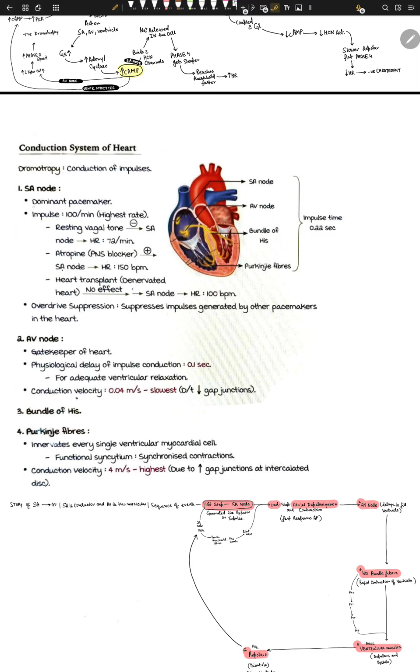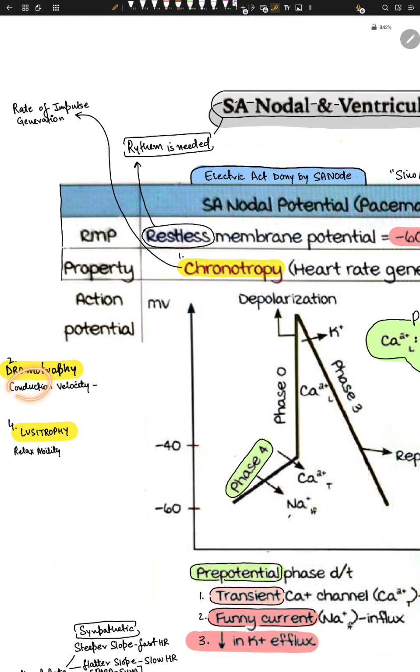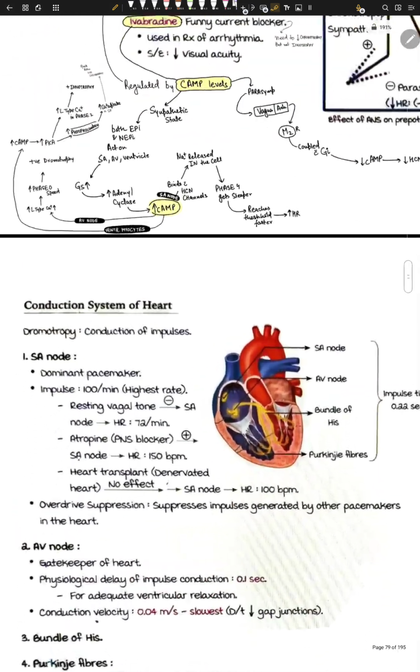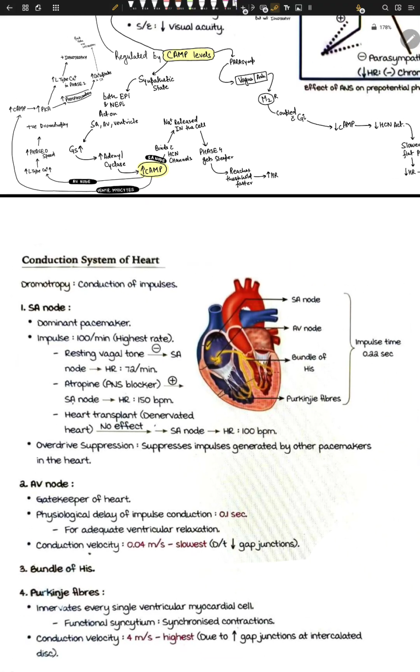So I have written that it is a dominant pacemaker, right? Before talking about dominancy, we should talk about dromotropy. Dromotropy is the conduction velocity or conduction of impulse, right? So why is the SA node a dominant pacemaker? Let's talk about it. The heart has many potential pacemakers.